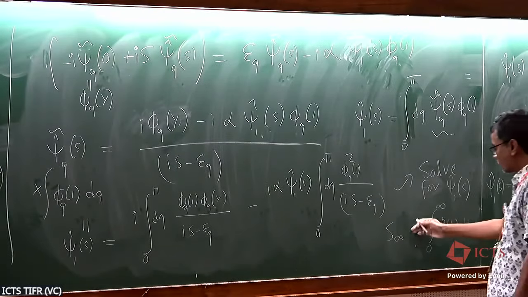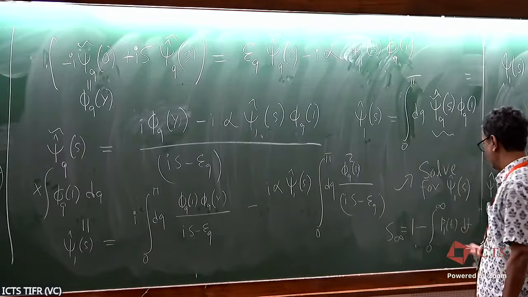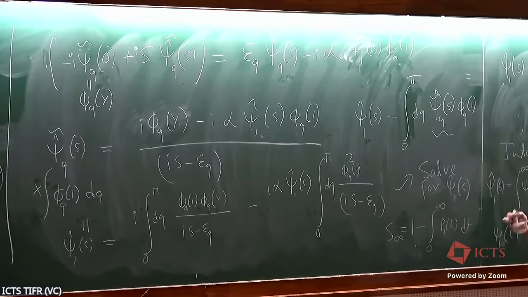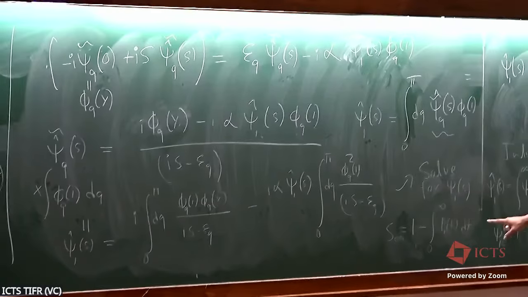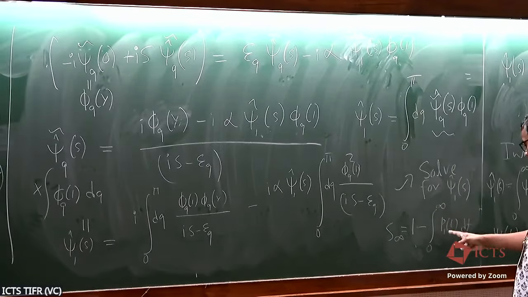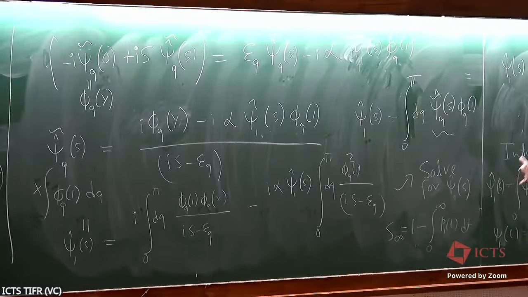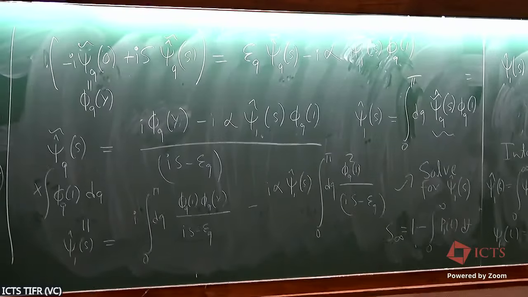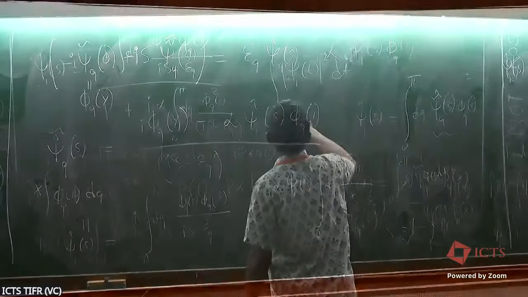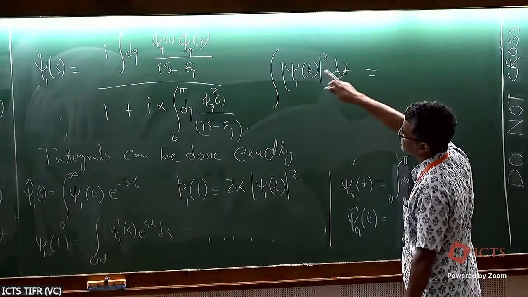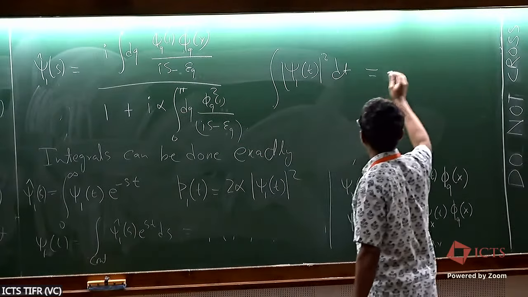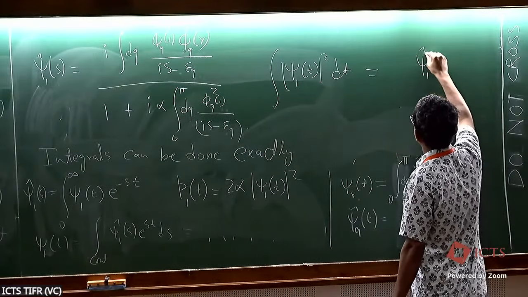No, it should be 1 minus, right? Survival means it doesn't come back. It doesn't ever come to the origin. So this is the probability it doesn't come back, so this is 1 minus that. Now p1(t) is psi1 mod square, and we can write this in terms of the Laplace transform, psi1 hat.